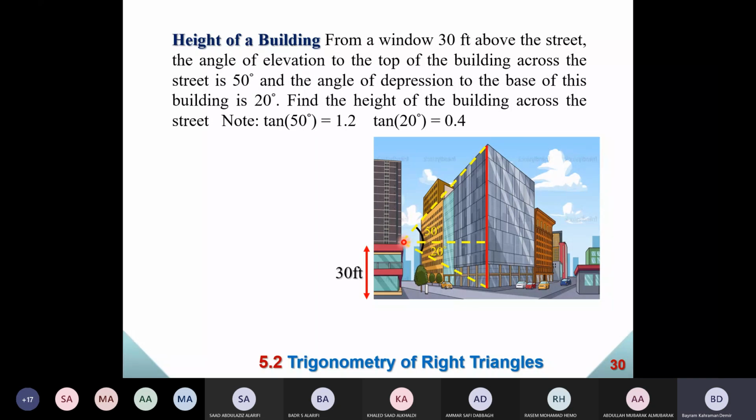And now you are looking at the building across the street. So you are looking at the top and at the bottom of the building, and you are measuring the angle of elevation as 50 degrees, and the angle of depression to the bottom of the building as 20 degrees. And they ask, can you find the height of the building? What is the height of the building?